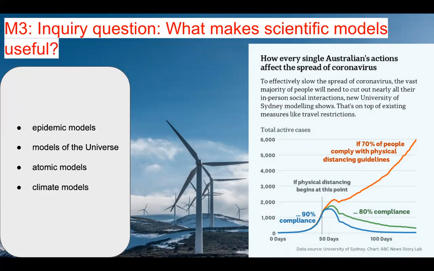One of the things with social distancing is that places like New South Wales, pretty early, followed those things quite easily. If 70% complied, the cases would have gone up. This modelling was used to show that you need at least 80% of people to follow those rules.